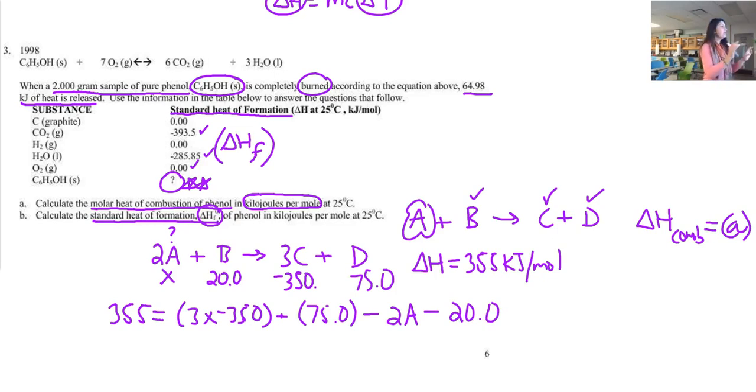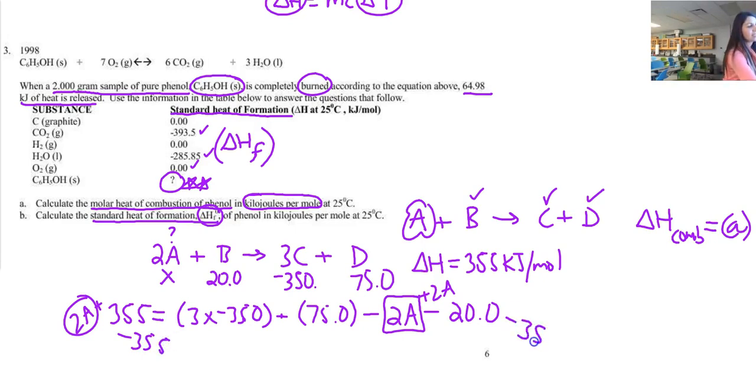It's not adding, unless you want to do the sum of first, which in my opinion is annoying. What I want is 2A alone, so I'm going to add it to the other side, plus 2A on this side. Then I have 2A on this side, and then I subtract the 355. Just easy algebra. Let's plug this into the calculator.